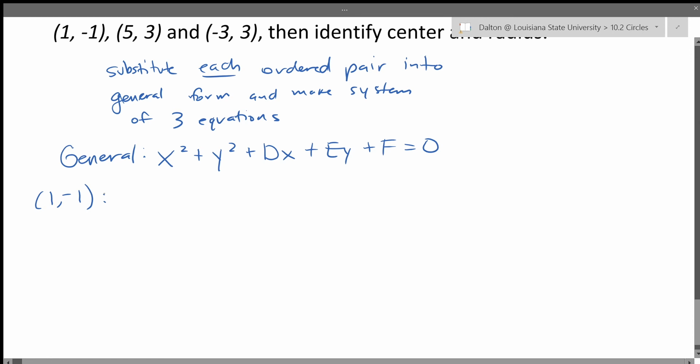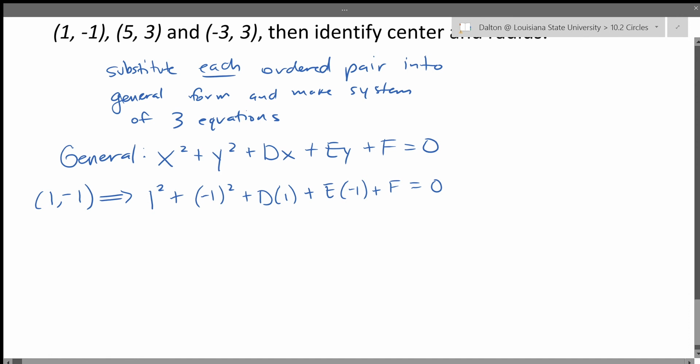That means everywhere I see an x, I'm plugging in 1, and everywhere I see a y, I'm plugging in negative 1. So if I plug in the point 1, negative 1, that implies the equation x squared will be 1 squared plus y squared will be negative 1 squared plus dx, that'll be d times 1 plus e times y is negative 1 plus f equals 0.